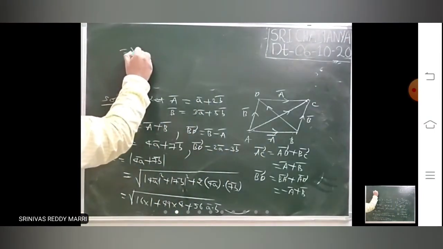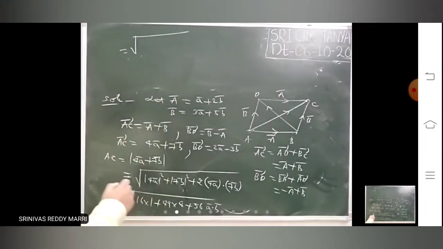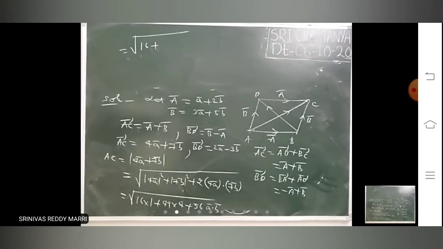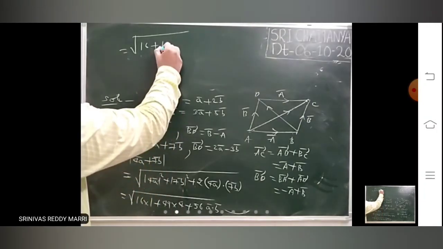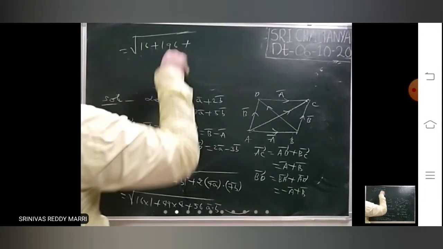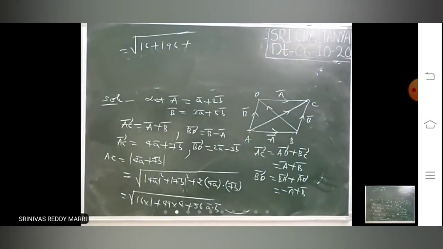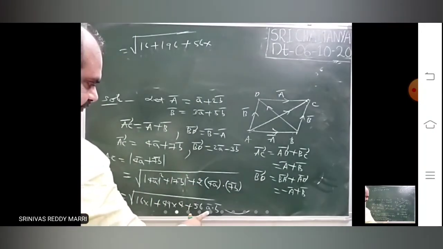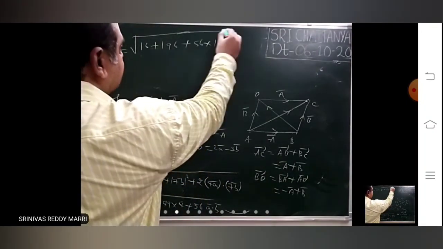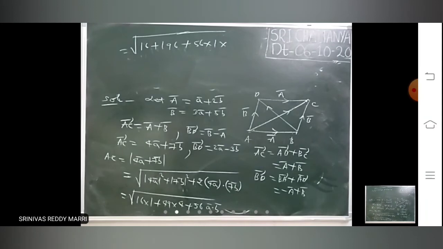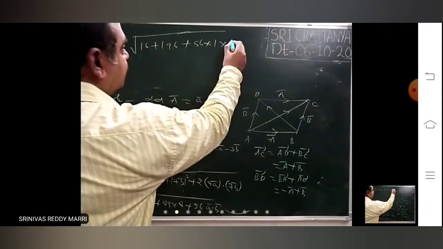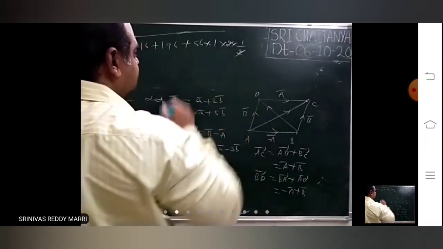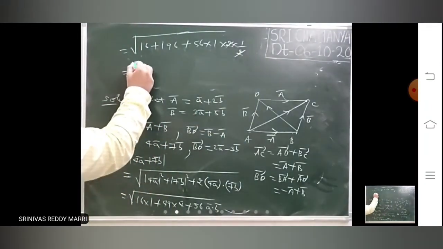So that means root of 16 plus 196 plus 56 into modulus A bar into modulus B bar into cos of the angle, 2 into 1 by 2. The 2 cancels.